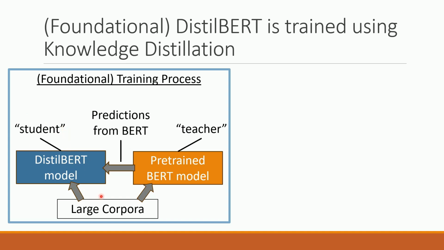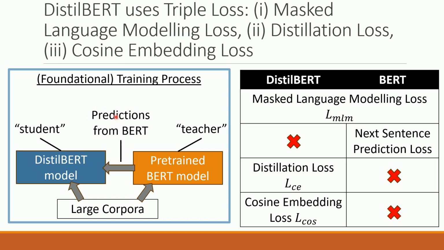So we still use the same large corpora of data, but when training DistilBERT, we also add in the predictions from BERT. And DistilBERT uses this thing called triple loss, which is masked language modeling loss. You can see that both DistilBERT and BERT use this masked language modeling loss. DistilBERT doesn't use next sentence prediction loss, but it does use this additional distillation loss, as well as the cosine embedding loss. So we'll talk about each of these.